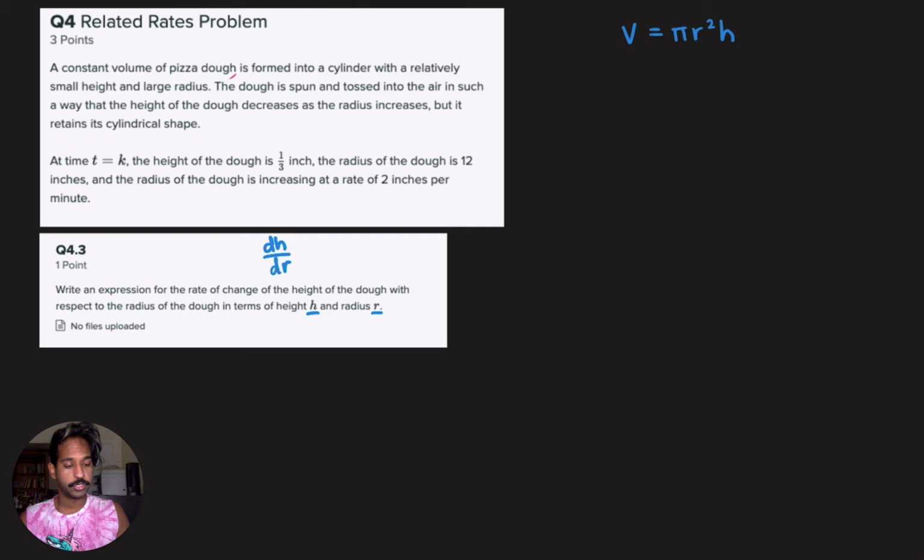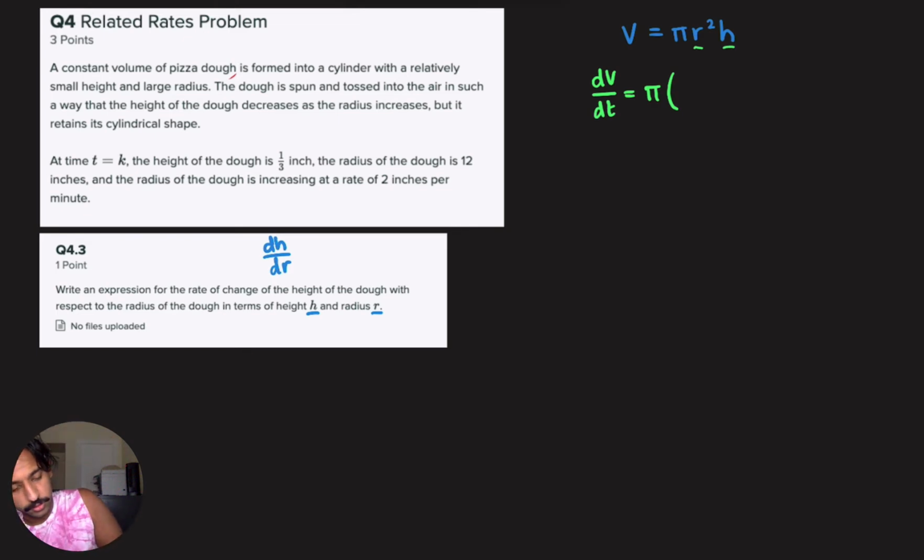Now, in order to get to anything d-something, we have to do some derivatives. So let's find the derivatives of all of these with respect to time. I'm going to use a different color here. That's going to give us dV/dt equals pi times, and again, I'm taking the pi out because it's a constant when I'm finding this derivative. I see two things being multiplied, r squared and h, and so I'm going to use the product rule.